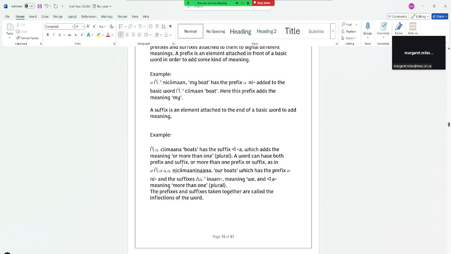So a word can have both of these, prefix and suffix, as in Nijimanana, our boats.